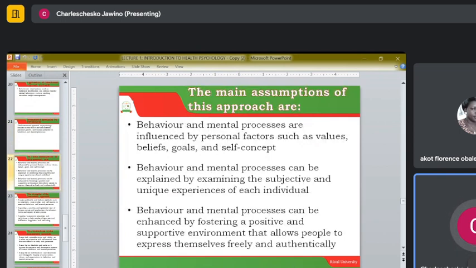The main assumptions of this approach are that behavior and mental processes are influenced by personal factors such as values, beliefs, goals, and self-concept. I've just talked about this. It assumes that behavior and mental processes can be explained by examining the subjective and unique experiences of each individual.